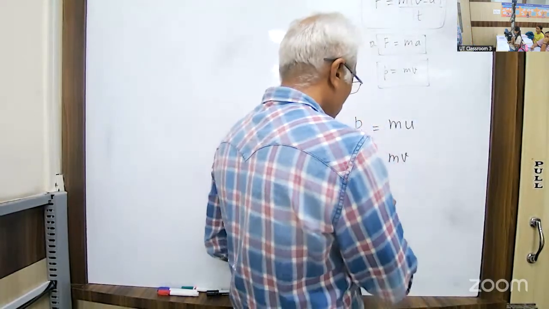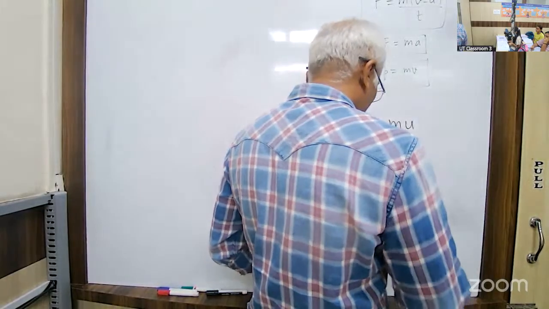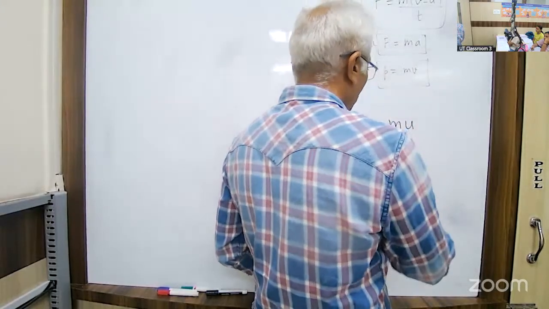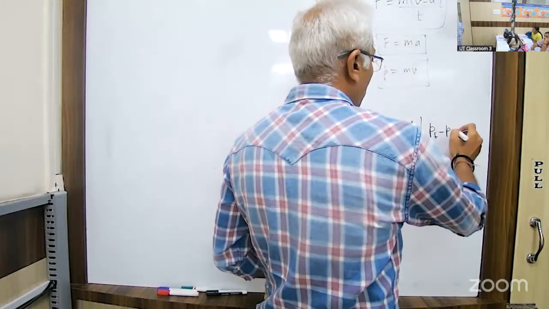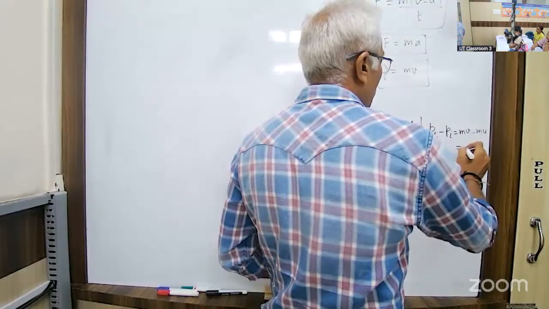So what is force? Rate of change of momentum, no? What is rate of change? So change in momentum is Pf minus Pi, which is equal to MV minus MU.